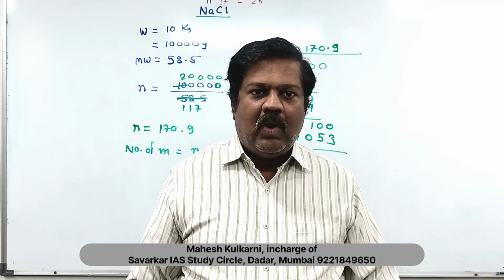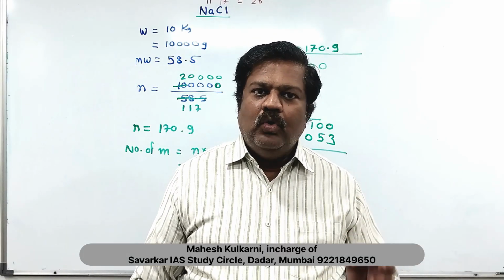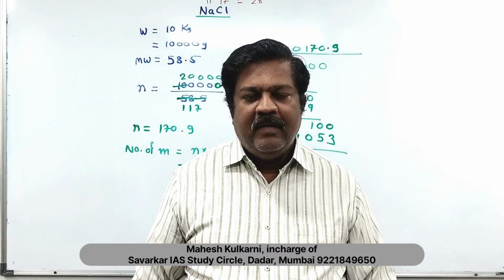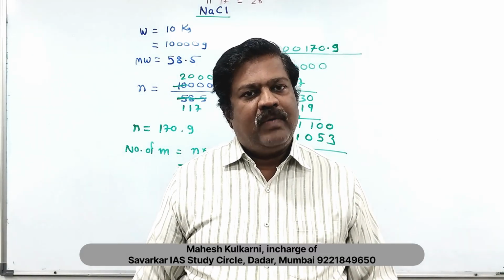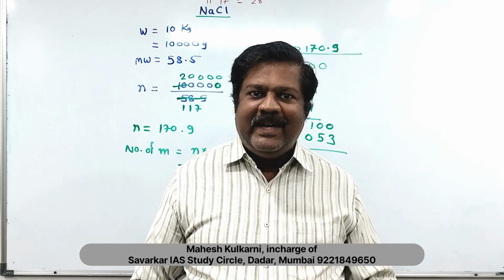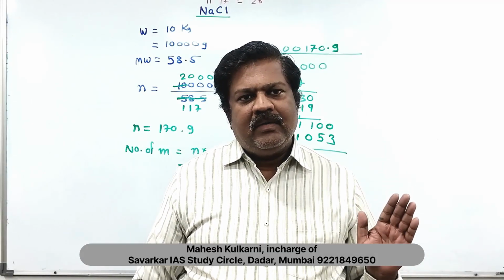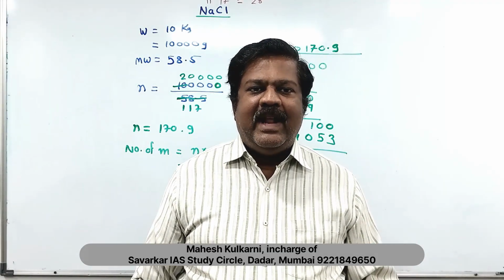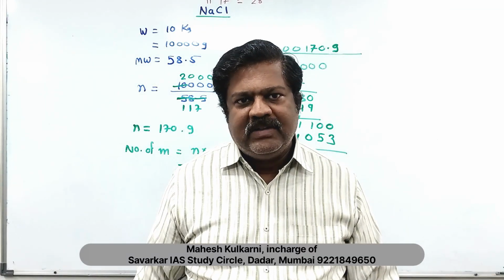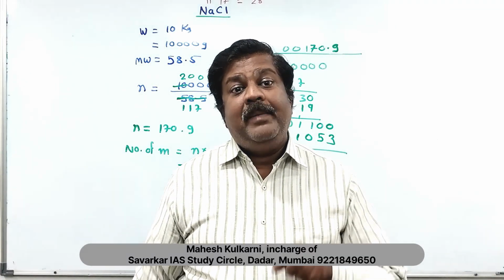Till here, what we solved was only a pure sample. But now we are going to analyze a mixture. So first we have to find out 99.9% of 10 kg. Clear? When we are saying 99.9% of, when this type of thing is there, we have to consider multiplying by 100.